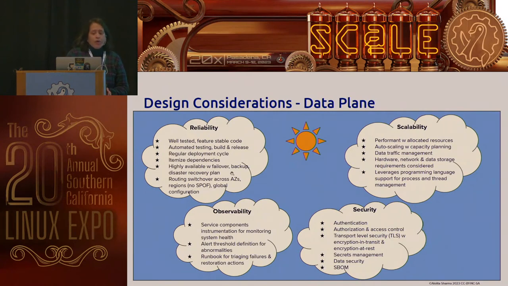Along with that, you also want to guarantee high availability, which is very integral to providing reliability for a service. And what that means is that you have to have failover design, backup. Failover could be, again, failing over to a different AZ or a different instance or just to a different region.